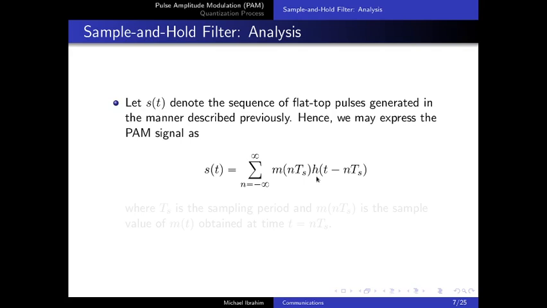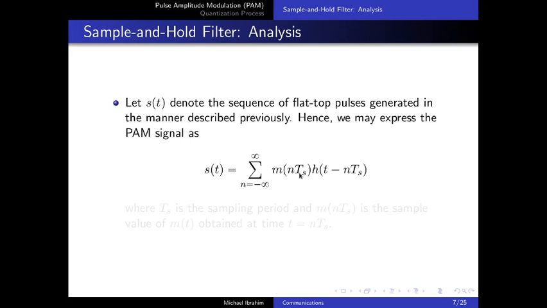The rectangular pulse we have been using so far, we will call it h of t. But this rectangular pulse is shifted in time as well. Instead of having h of t, it's h of t minus nTs. So if we put n equals 0, we'll have m of 0 times h of t, which is the rectangular pulse we have at the origin at t equals 0, times the sample value at time instant 0.